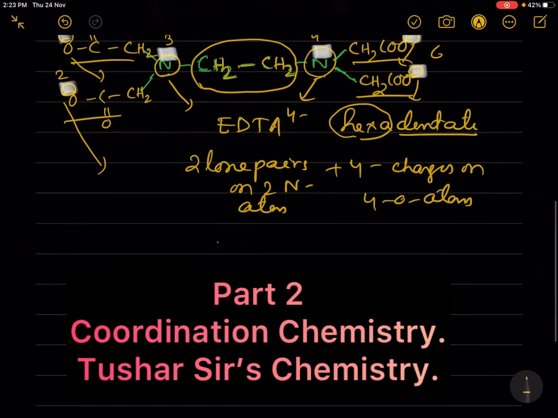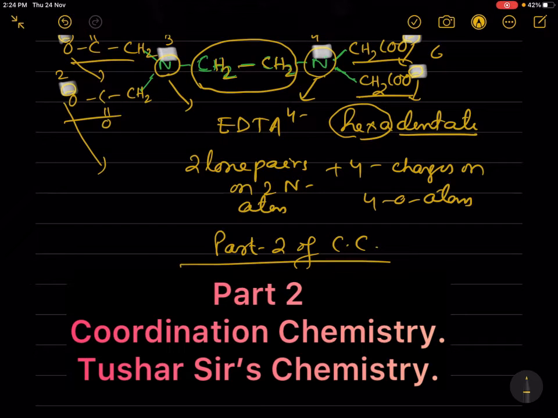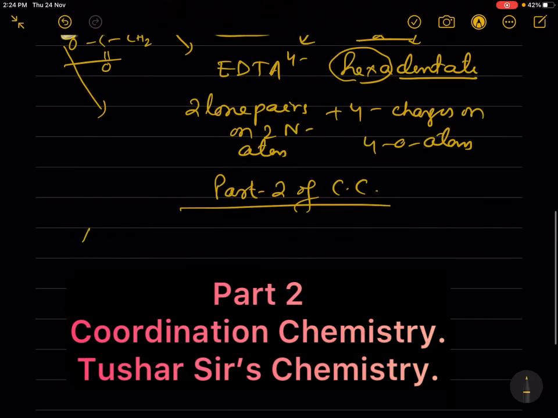Now let us start part 2 of coordination chemistry. In this part we will discuss the nomenclature of coordination compounds, how to write the nomenclature of coordination compounds. Nomen means name, clature means to call.